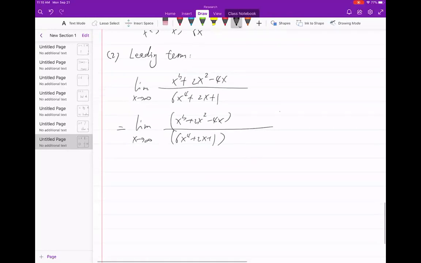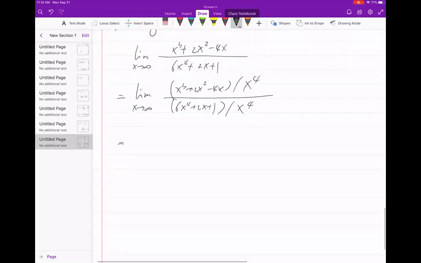In this case, on the top is x cubed, on the bottom is x to the 4th. Together, it's x to the 4th, the bigger one. After that, we try to use algebra to factor everything out.